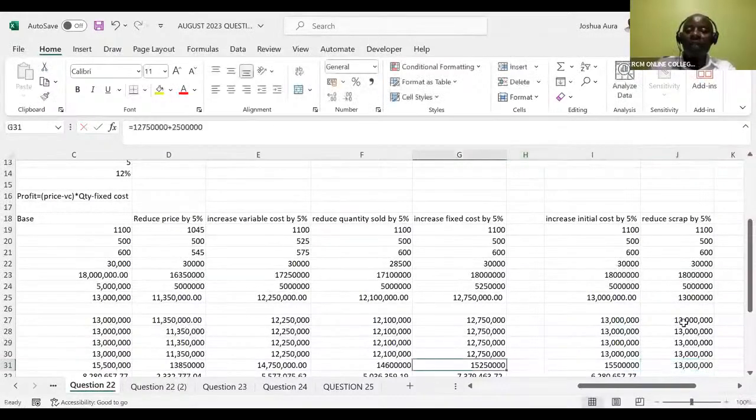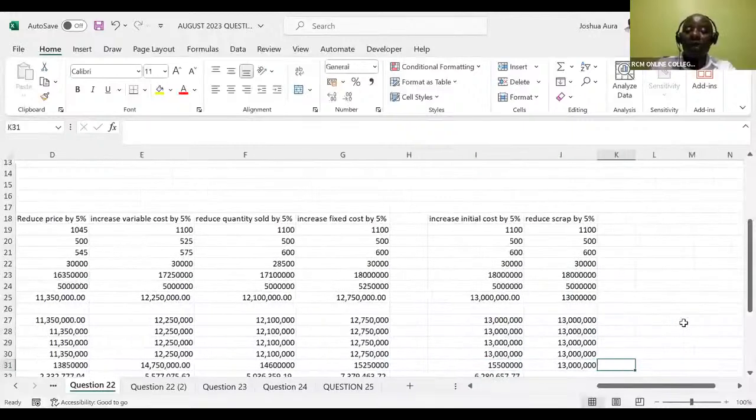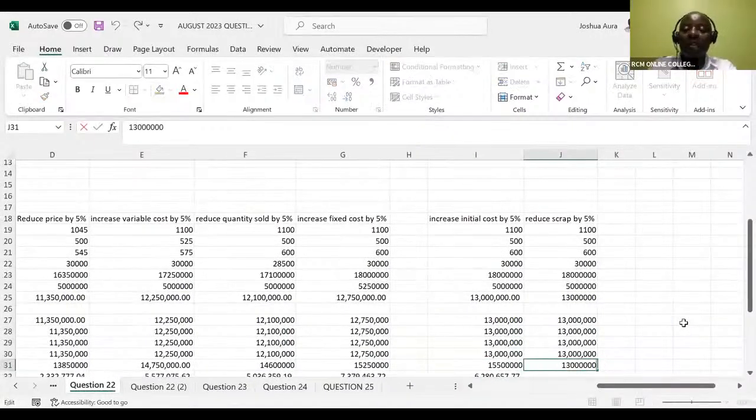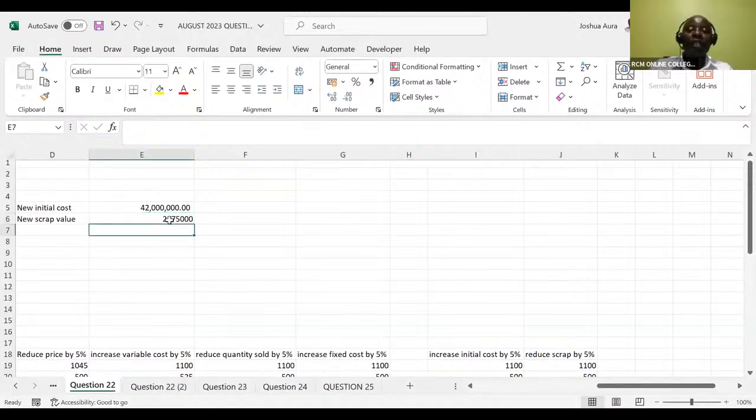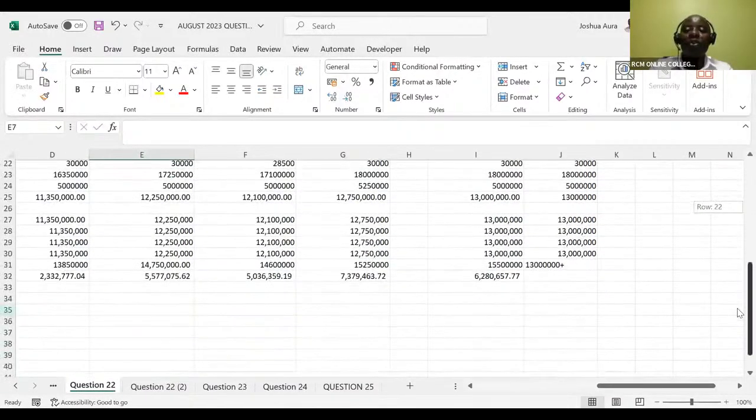But remember this one, you must make it live and ensure that you're adding here the new scrap value. You're adding the new scrap value like this. All right, you can say enter there. And then of course you get something that doesn't make sense at all.